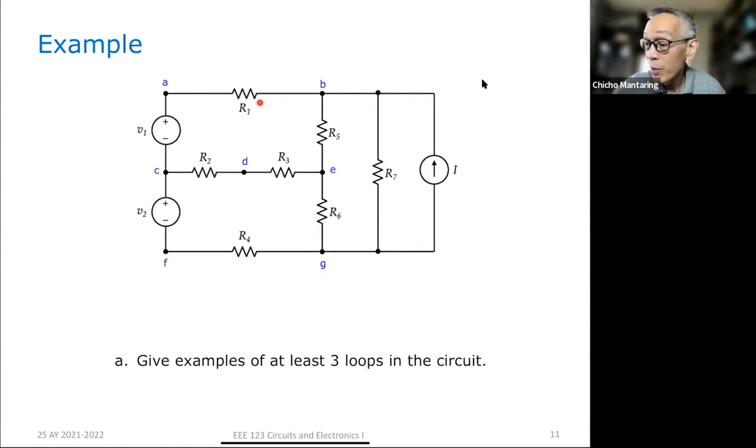So this is one loop. I can take it 2 at a time this way. So this is one loop. This is another loop. And so forth. In fact, I counted before the class. I think there are 12 distinct loops in this particular circuit. So try counting how many loops there are in this particular circuit. I think there should be about 12.